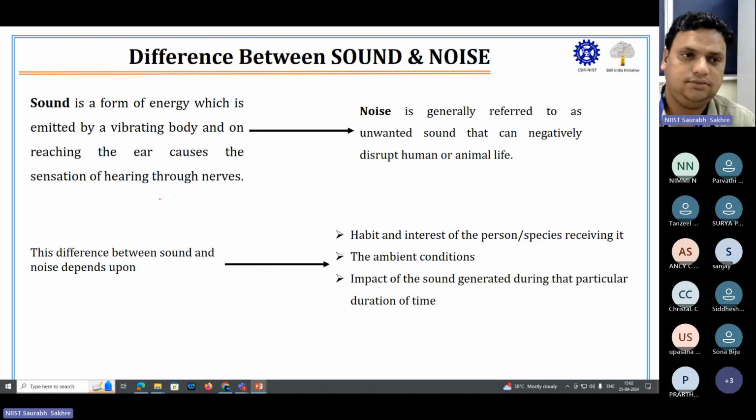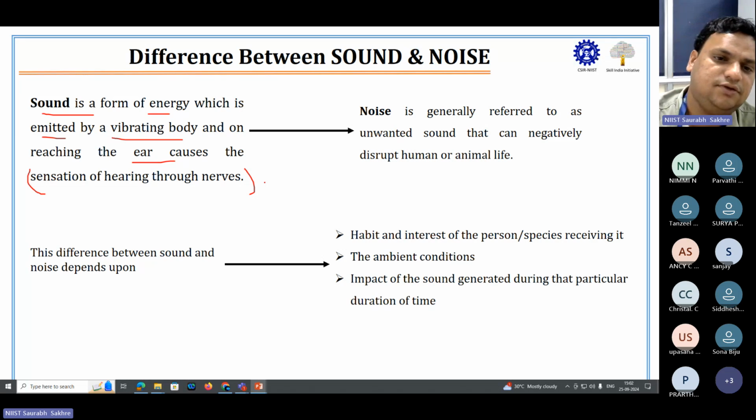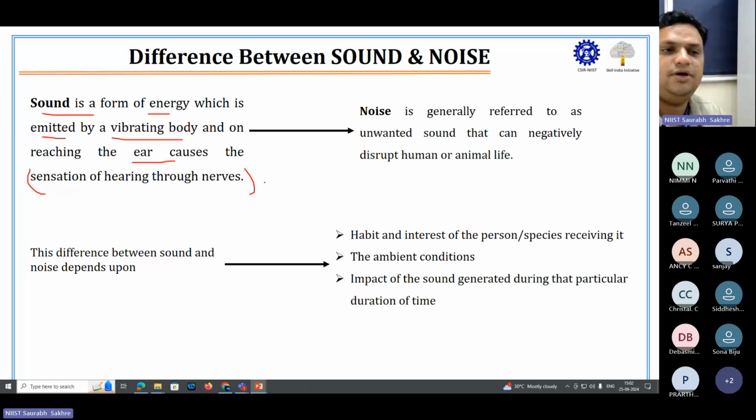Sound is a form of energy which is emitted by a vibrating body and, on reaching the ear, causes the sensation of hearing to the nerves. As soon as it reaches our ears, it will cause the sensation of hearing. Like I'm speaking, it is transferred over the internet to you and you are hearing.